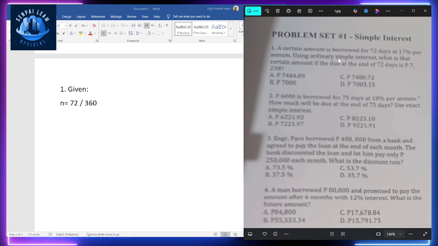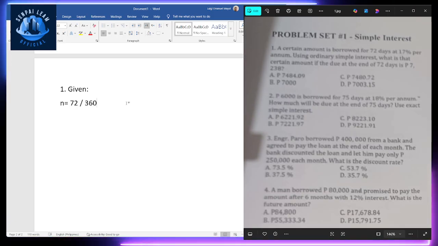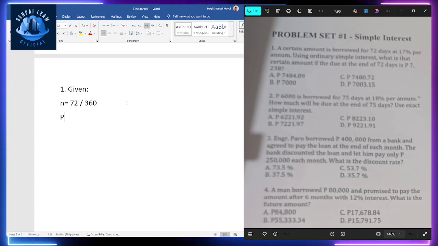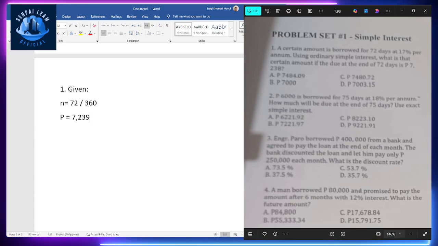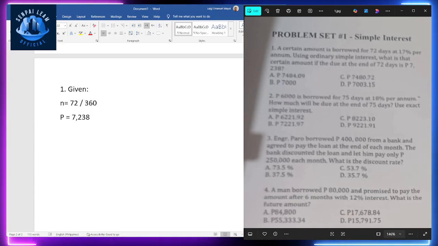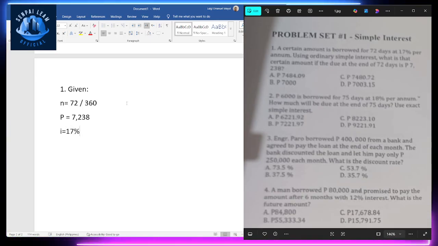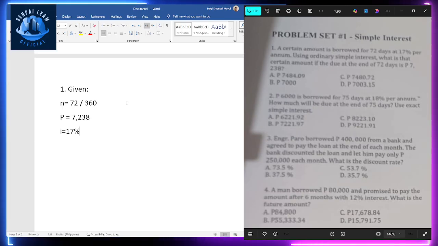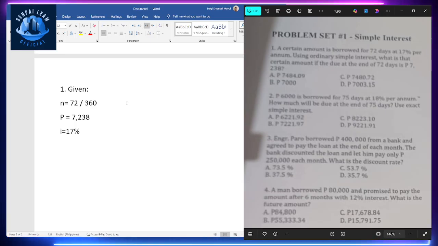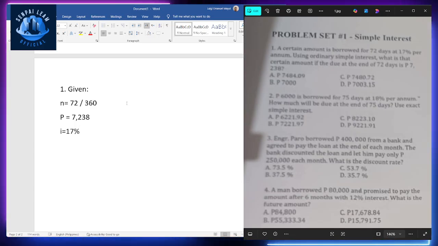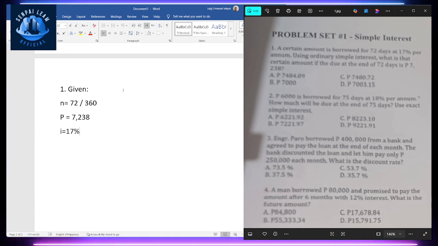In this problem, it's a silent problem, so that is over 360, and our principal here, as you can see, is 7,238 pesos, and the interest rate is 17%. They are asking for the present value at the end of 72 days.